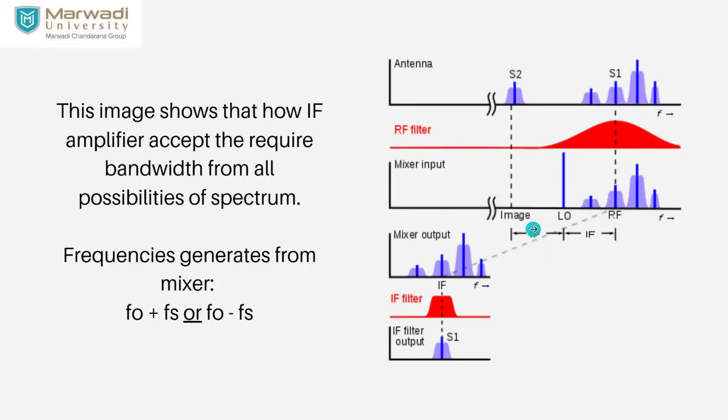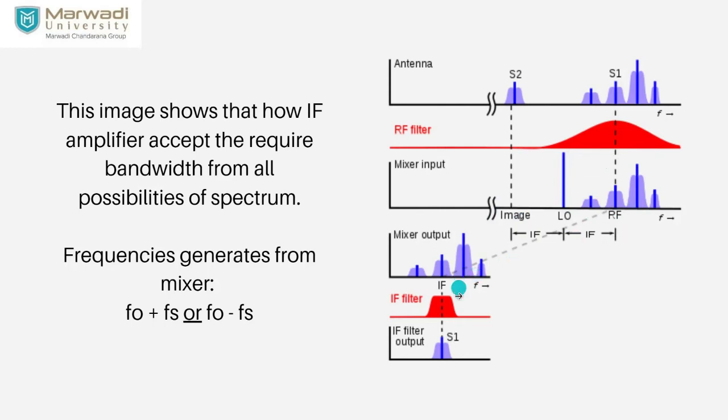And this is the image frequency, which is not useful for the receiver to listen to. So this will be cut off or removed in the mixer circuit, and only this part is allowed to the mixer output.